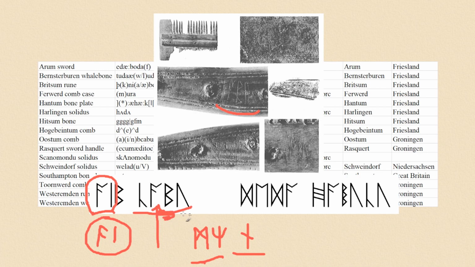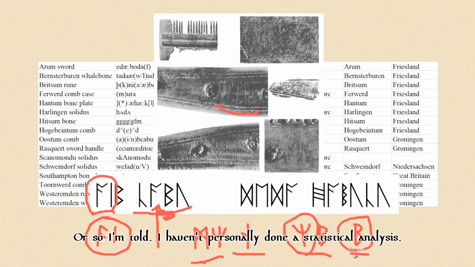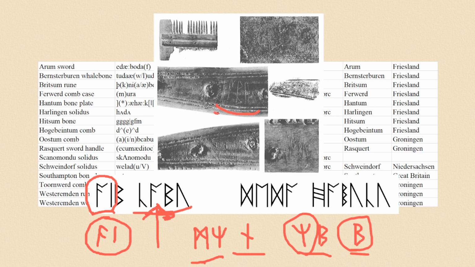So, for example, in Younger Futhark, it's more likely to see a lone B rune like this than to see MB, even if there is an M sound there. So yeah, I'm going to call this nasal rune omission, and it seems to be taking place here in this Frisian, or probably Frisian inscription, but you don't see it take place in English inscriptions, so that's interesting.